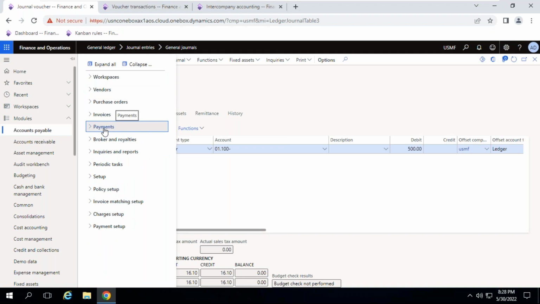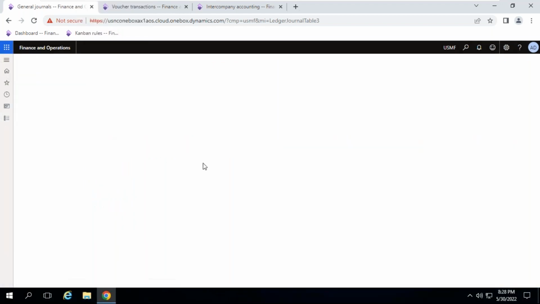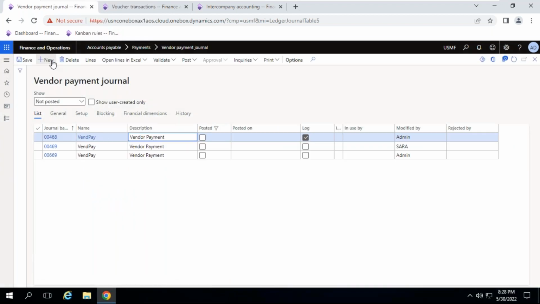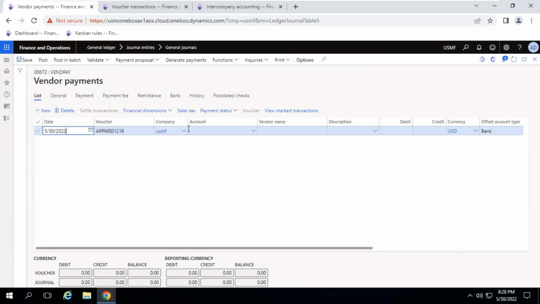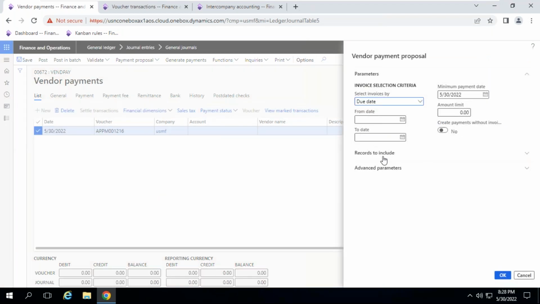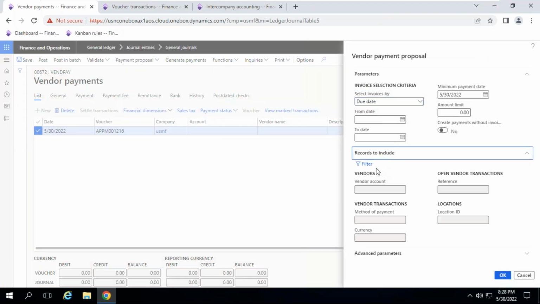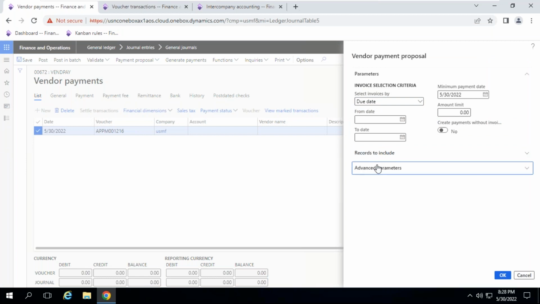If you remember vendor payments, payment journal, if you click on new vendor payment, you can select other vendors manually and do the payment, or use a payment proposal. While using payment proposal, I have shown you advanced filters, if you remember.